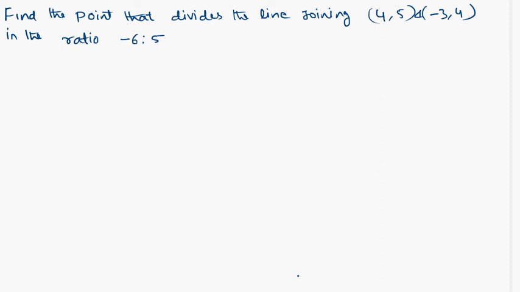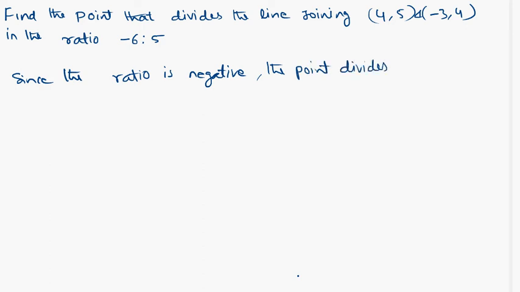Now since the ratio is negative, the point P divides the line segment externally.